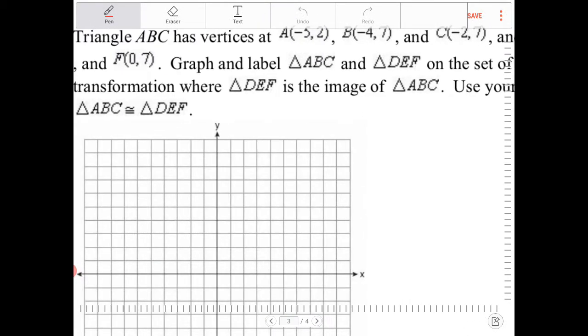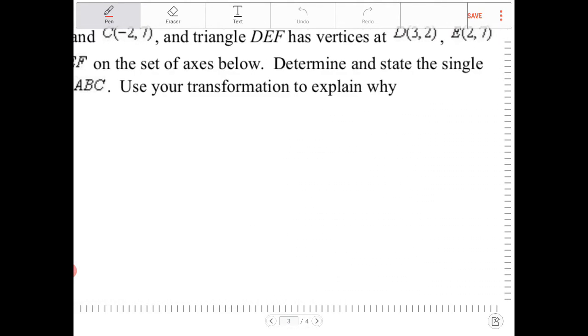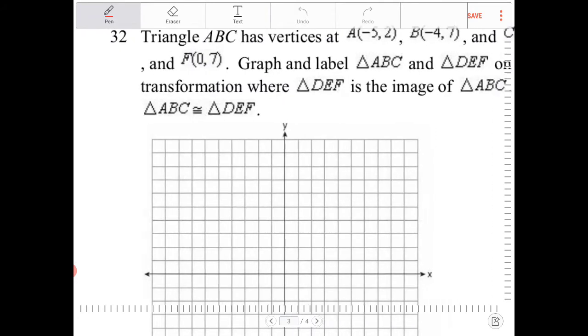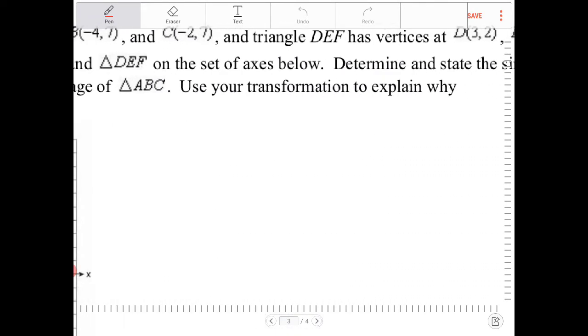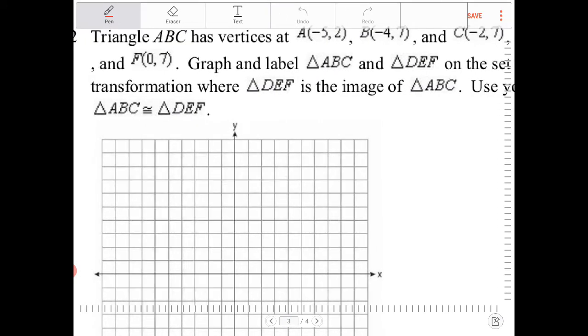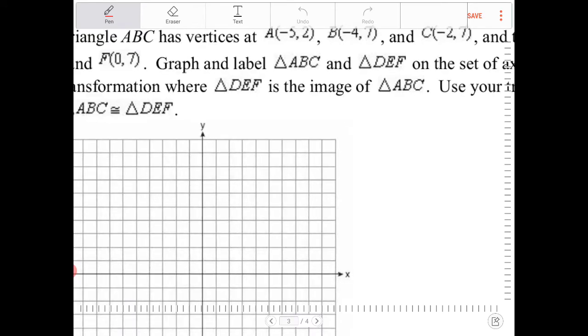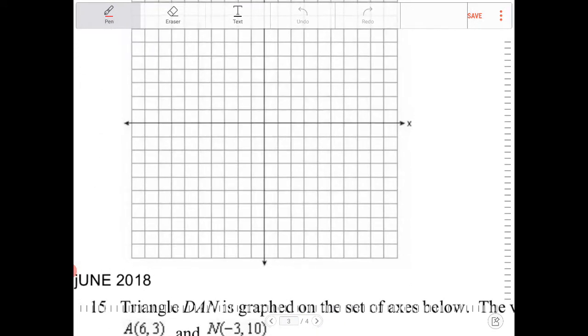So it says triangle ABC has vertices given by that, and triangle DEF has vertices given by those. Graph and label ABC, DEF on the axes below. Determine and state the single transformation where DEF is the image of ABC. All right, let's do that. A is negative 5, comma 2.